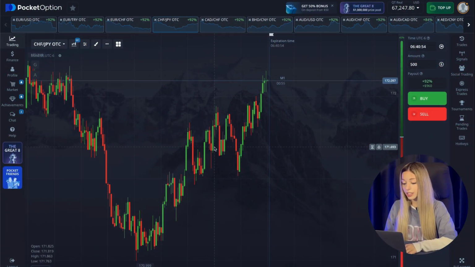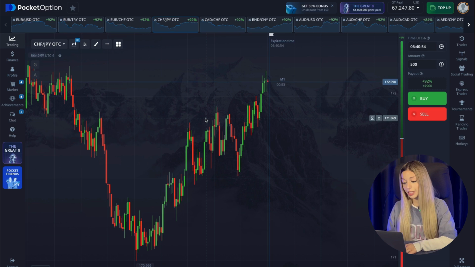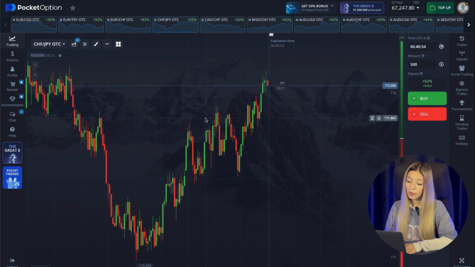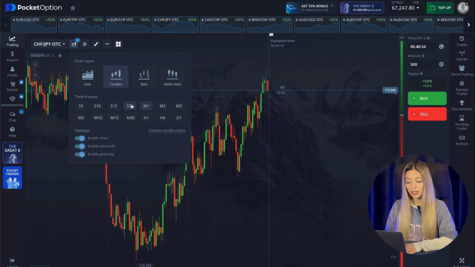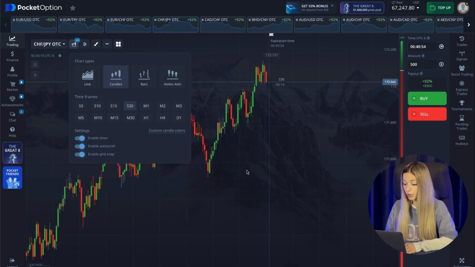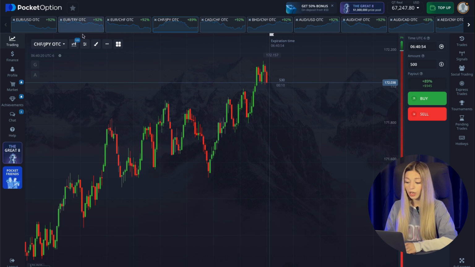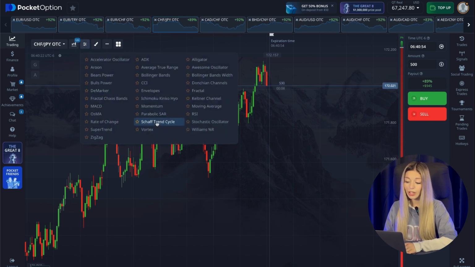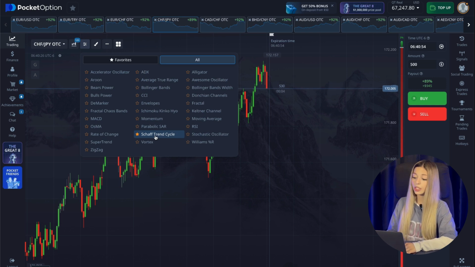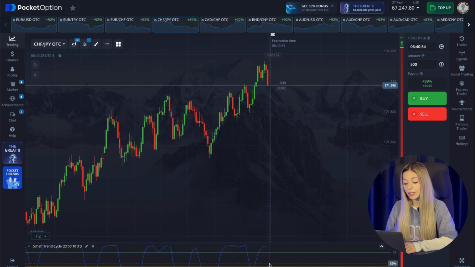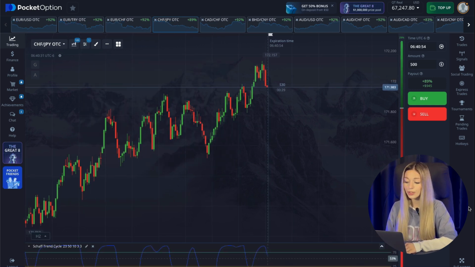Alright, let's start, and of course with the setup first. I slightly changed the value my subscriber used, but you will see it all now. So to begin, we set the time frame to 30 seconds, and we have only one indicator. It's the Schaff Trend Cycle. This is the one my subscriber used, and thanks to his results, I decided to break down this strategy and show it to you clearly.